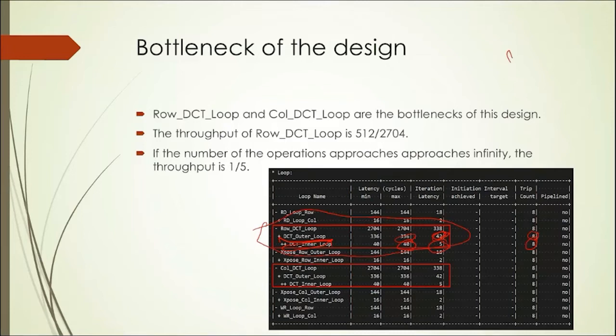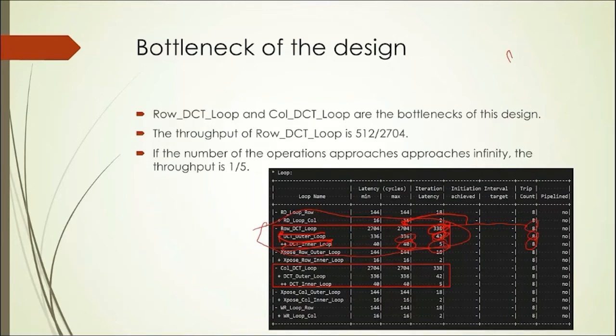After 336 cycles, we complete the DCT outer loop, and then we look into the row DCT loop. You can see here it is 338, because similarly we need 1 cycle to enter the loop and 1 cycle to exit the loop. Times 8, you can derive that 8 times 338 is 2704.